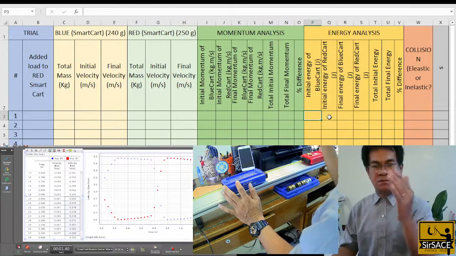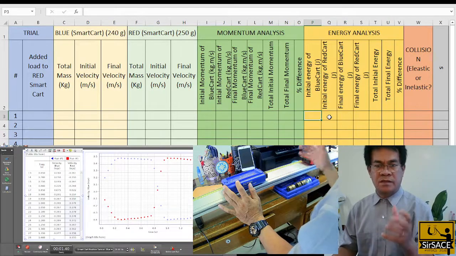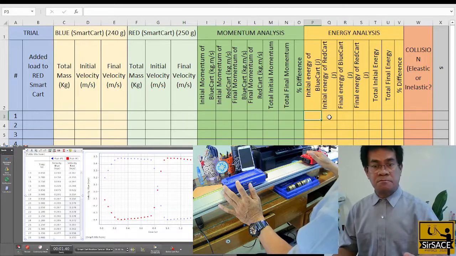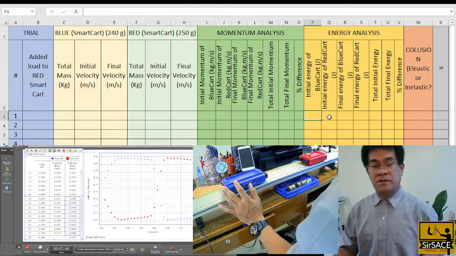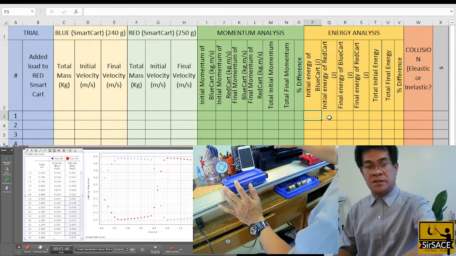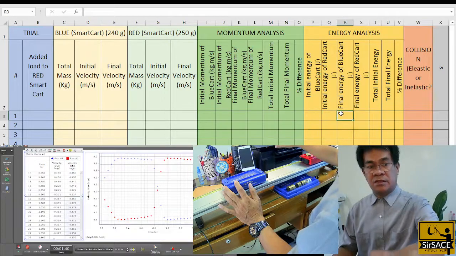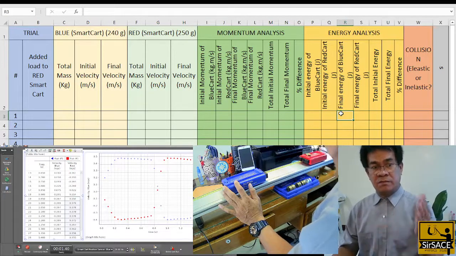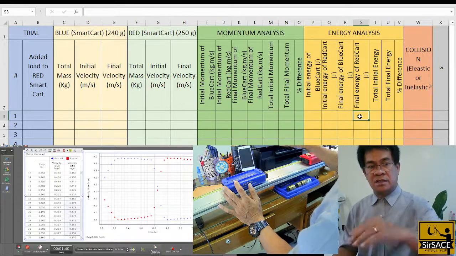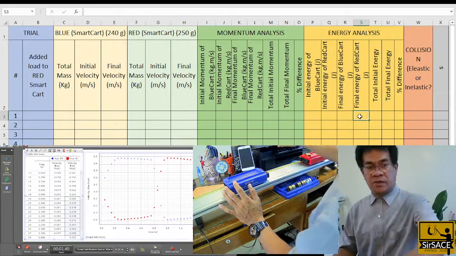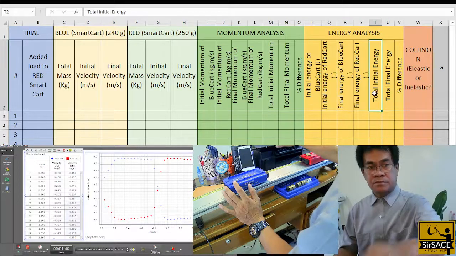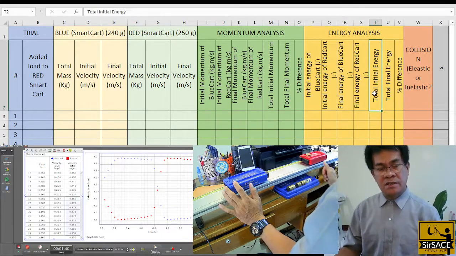So it should be the mass of the moving red card, 1/2 the mass times the velocity squared of the red card will be the energy. And take note, the unit should be in joules in SI. Now do the same for the final energy of the blue and the final energy of the red card, 1/2 mv squared.